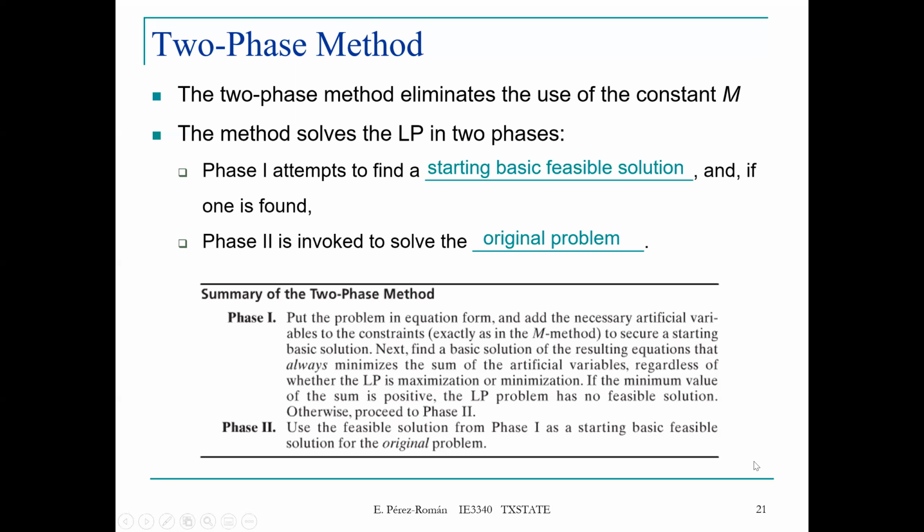At the bottom of this slide, we have a summary of the two-phase method. In phase one, we put the problem into equation form. So those inequalities have to be changed to equations using slack or excess variables. So we put the problem into standard form.